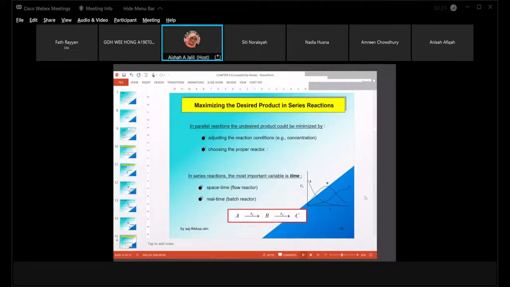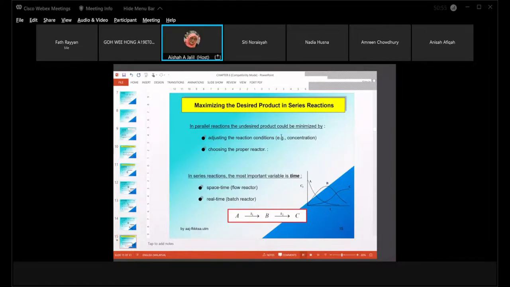Then, okay, that's all about parallel reaction. In parallel reaction, the undesired product could be minimized or the desired product could be maximized by adjusting the reaction conditions: the concentration, the pressure, the temperature.